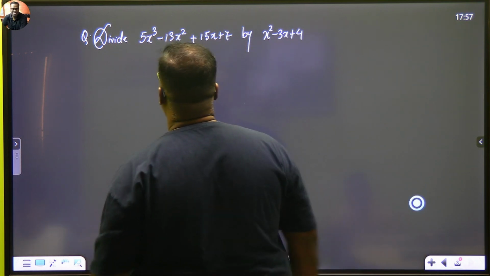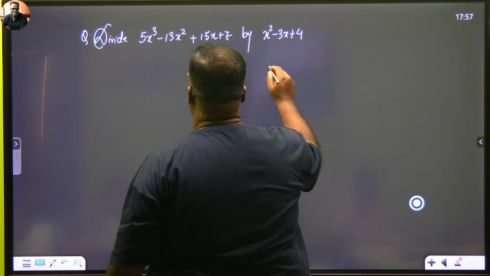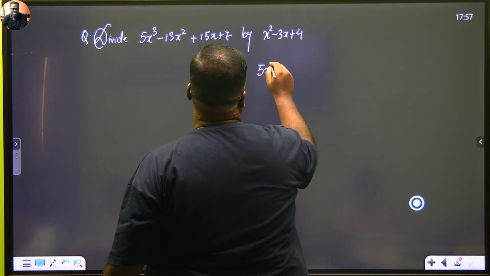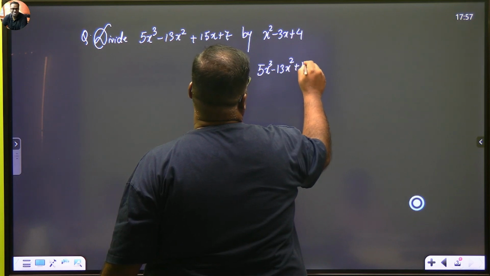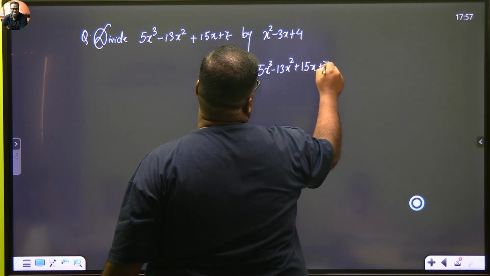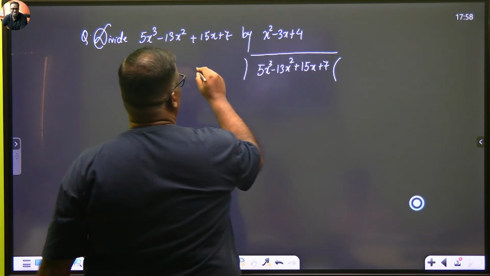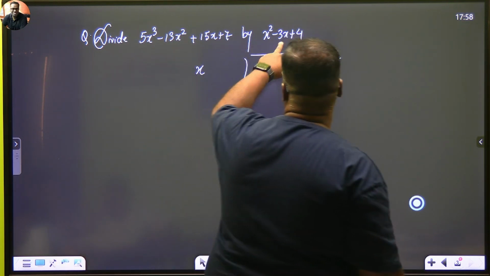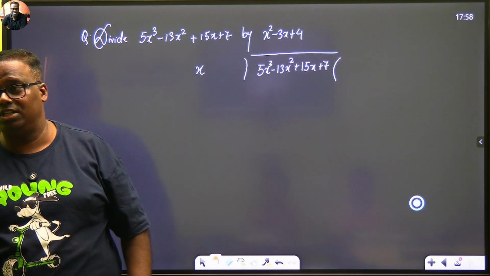So let's do this now. What was our first step? Look whether it is in descending order or not. Yes, it is in descending order. So let's write this. I write 5x cube, and please, for once, listen to me. Plus 7, and I'll give you time. Now when you write the divisor, you also check whether it is in descending order. Earlier your divisor was a single term, so that check was not relevant.